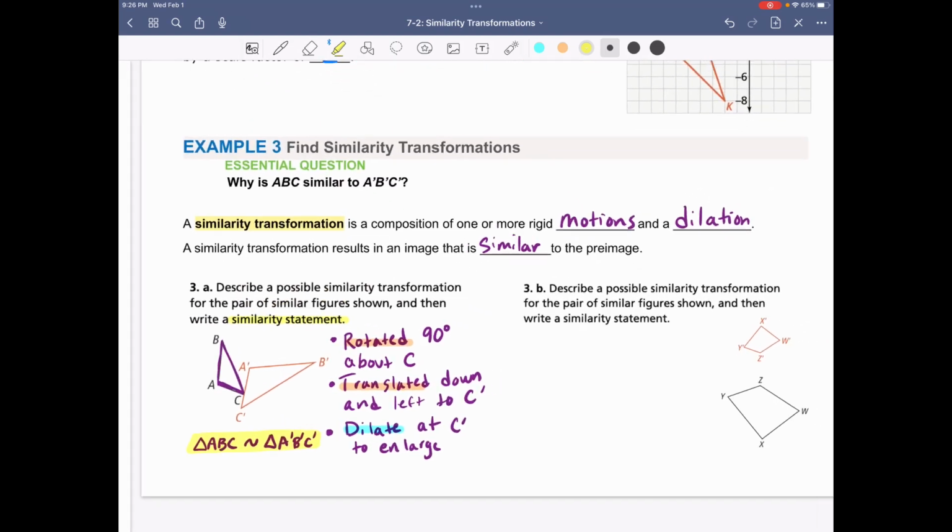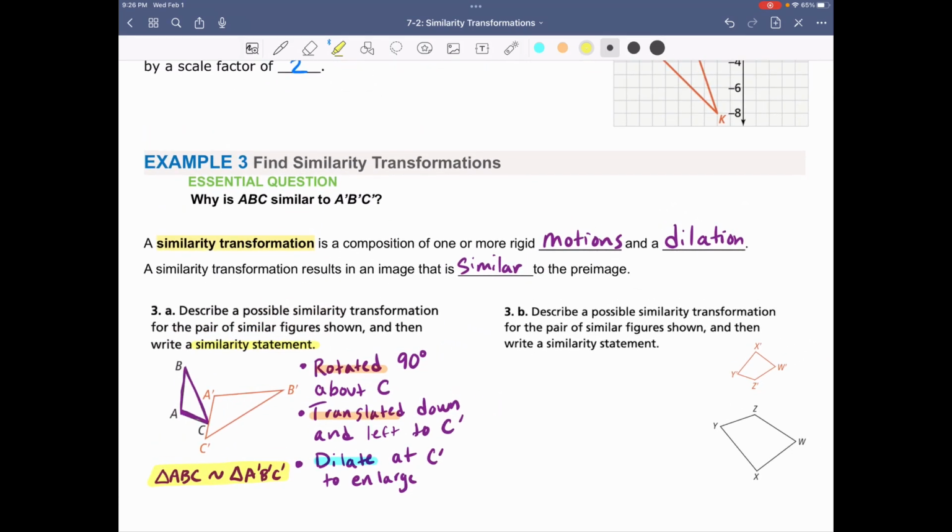All right, I would like to pause the video, and in your groups, I want you to talk about why these shapes, so we're starting with W, X, Y, Z, and how does it become W prime, Z prime, Y prime, X prime? I went in the wrong order. Oh, I see.